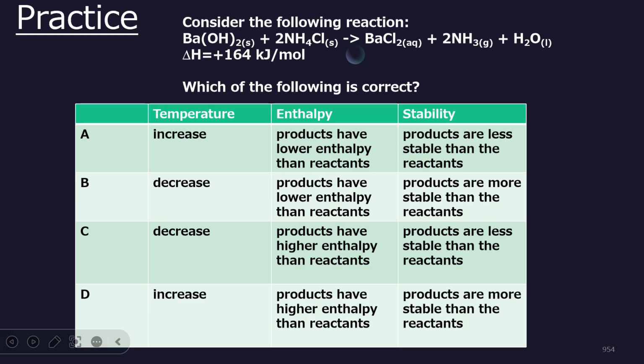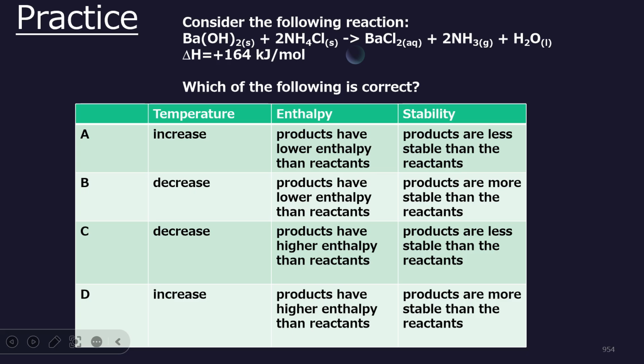So just one practice question quickly, it's not that difficult either. Consider this reaction: barium hydroxide plus ammonium chloride goes to barium chloride aqueous plus NH3 gas, ammonia, plus water. Delta H is plus 164 kilojoules per mole. Which of the following is correct? So we can go through temperature, enthalpy, and stability. Do we expect temperature to increase?